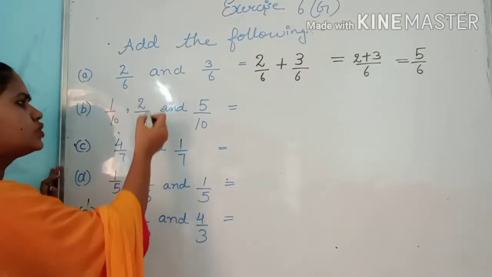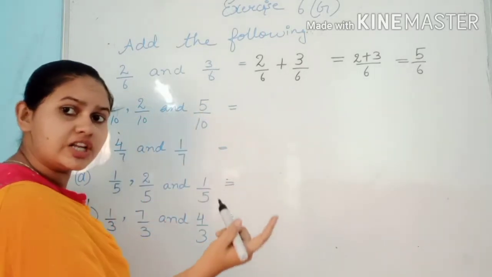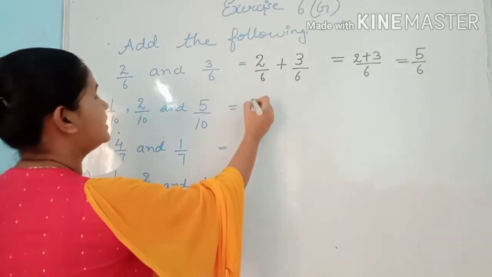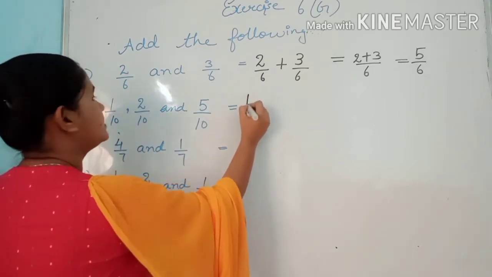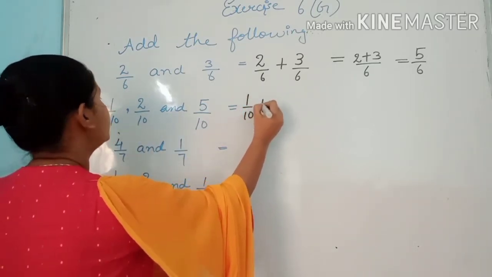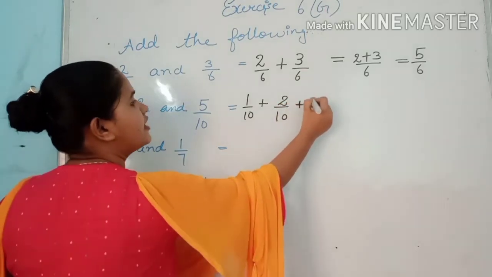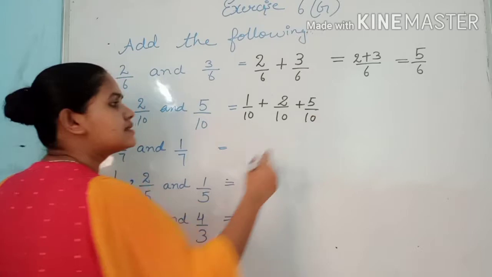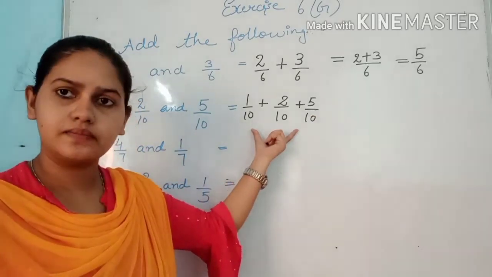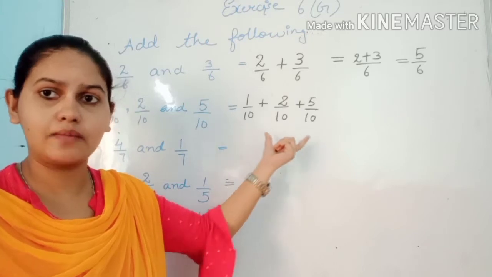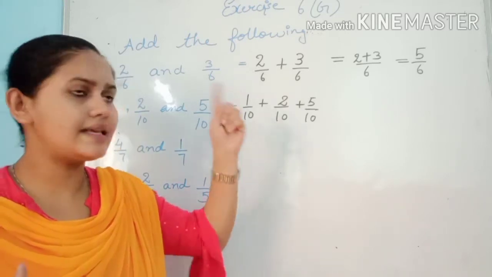1 by 10, 2 by 10 and 5 by 10. Now we have to convert it to an addition equation. We will convert it as 1 by 10 plus 2 by 10 plus 5 by 10. As I said earlier, when the denominator is the same in 3 or 4 sums, that will be taken as 1.